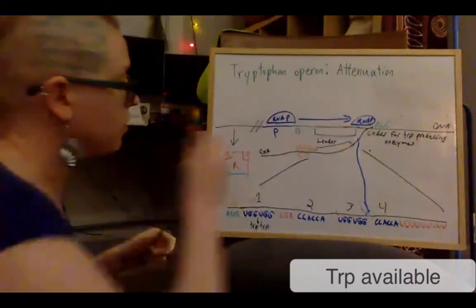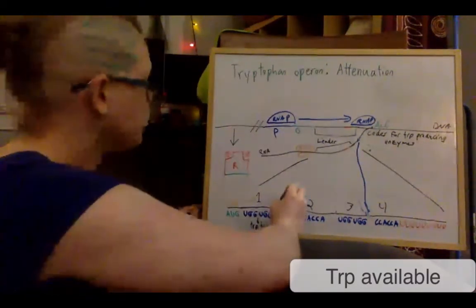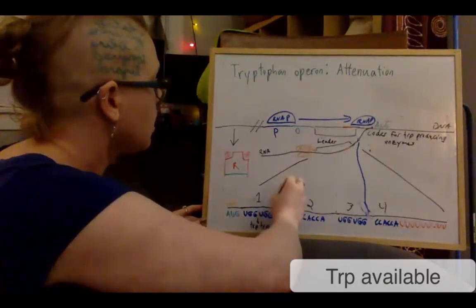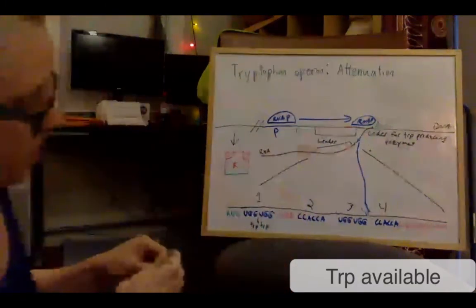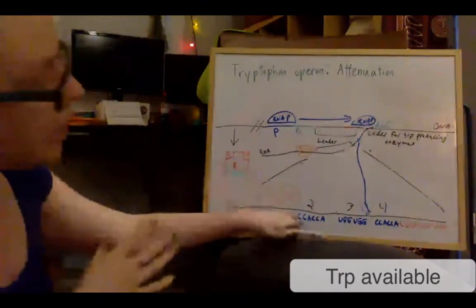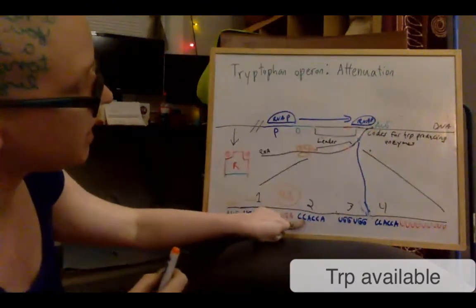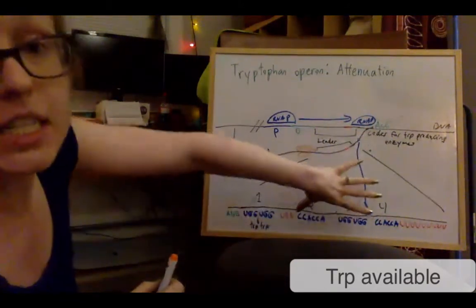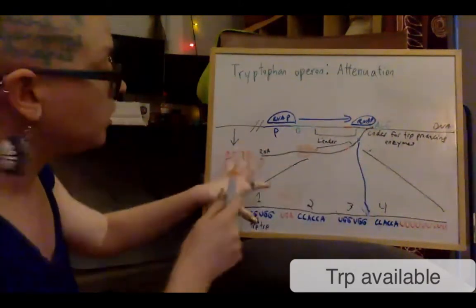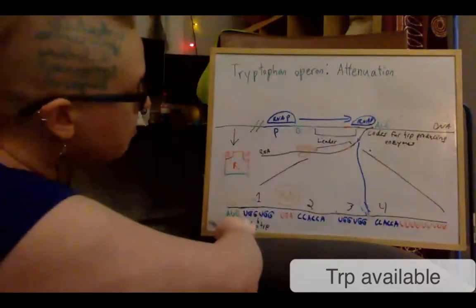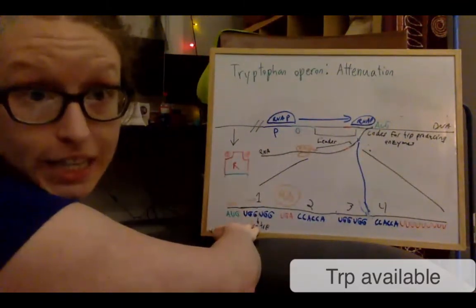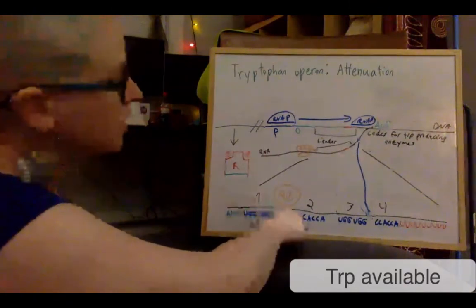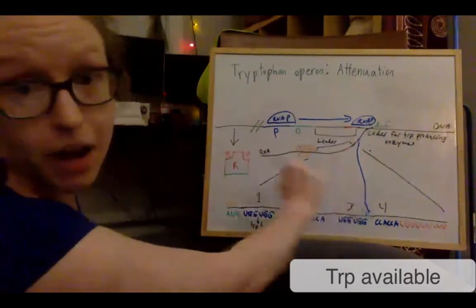However, immediately after those is a stop codon. So the ribosome is going to get stuck on this stop codon. And because it's right here, it's going to force 2 and 3 to disconnect. So the ribosome, being able to translate 1 easily, undoes that 2 and 3 pairing.